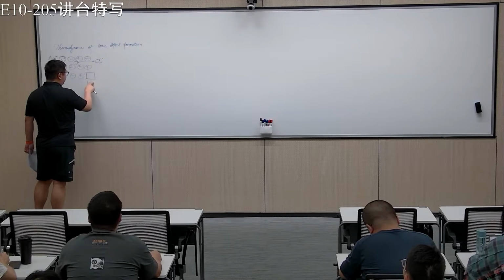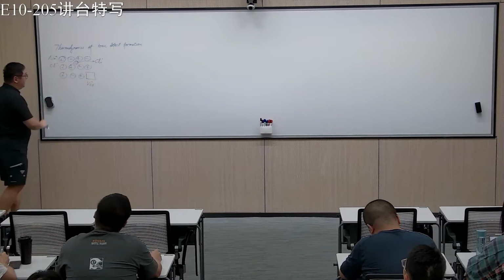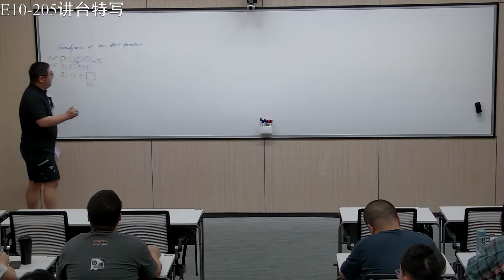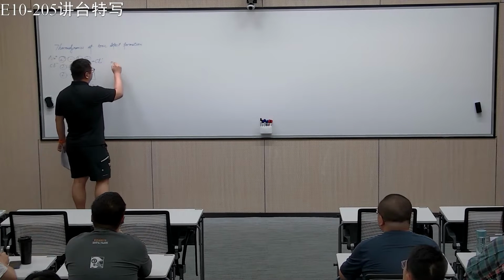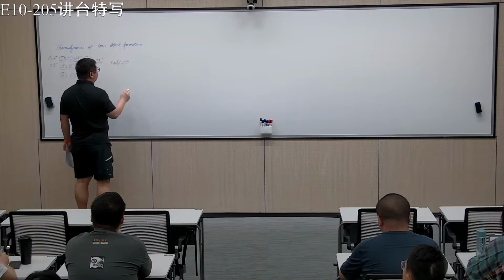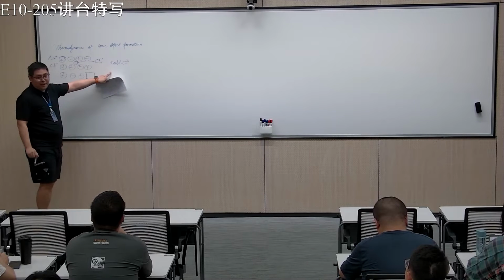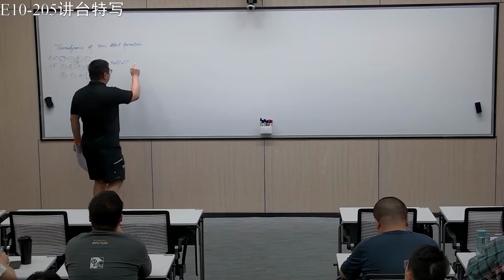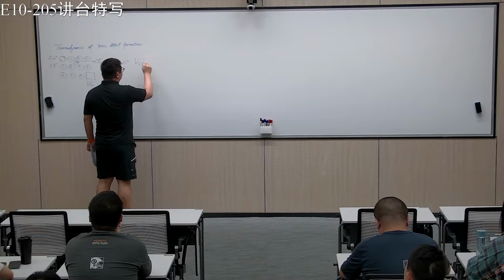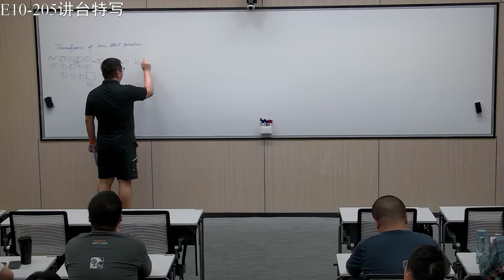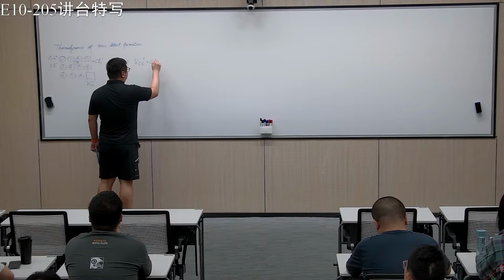So this should be positive. If we write the defect chemical reaction, it basically looks like this, from the state where we don't have any defects to the state where we have a pair of defects.